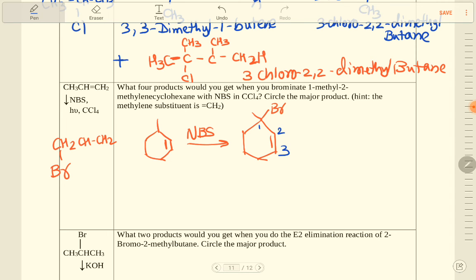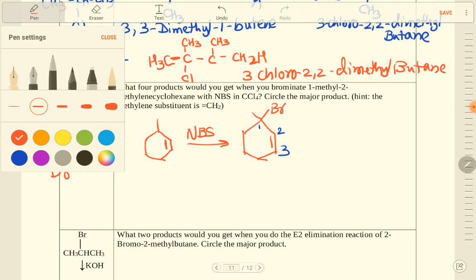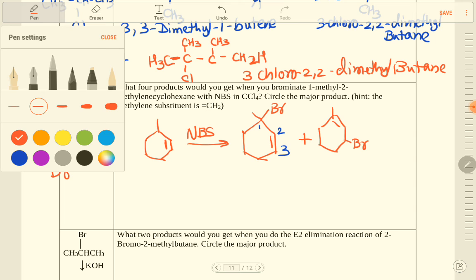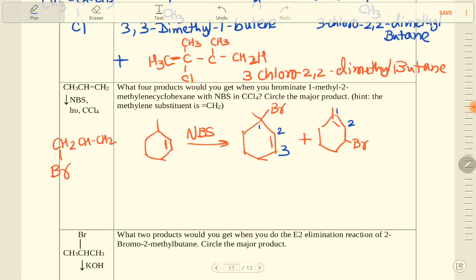Okay, so the other product we get, now remember the hint that a methylene substituent is a double bond CH, Br. Now in this one, let me change. This is 1, 2, and 3.